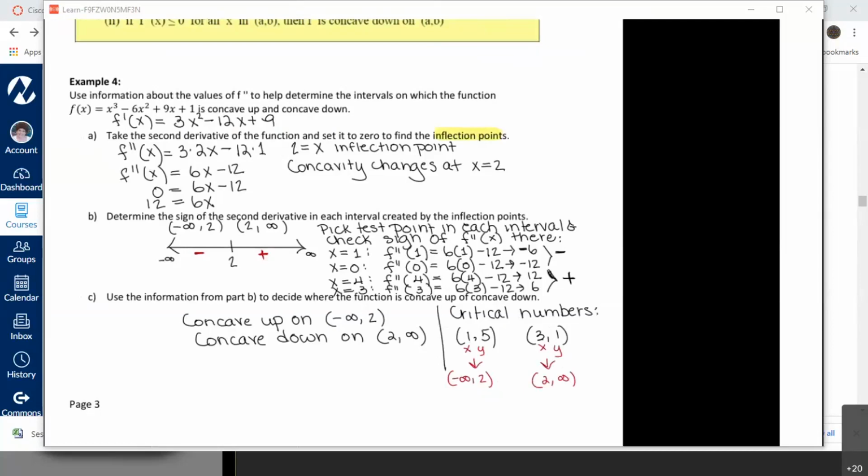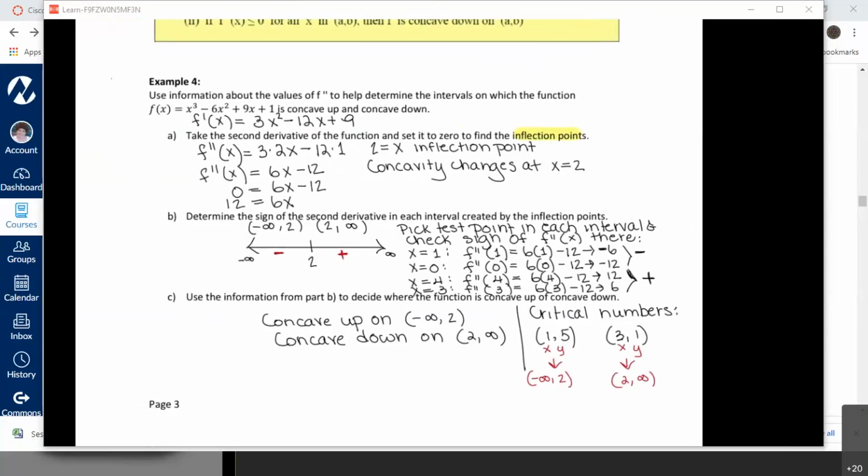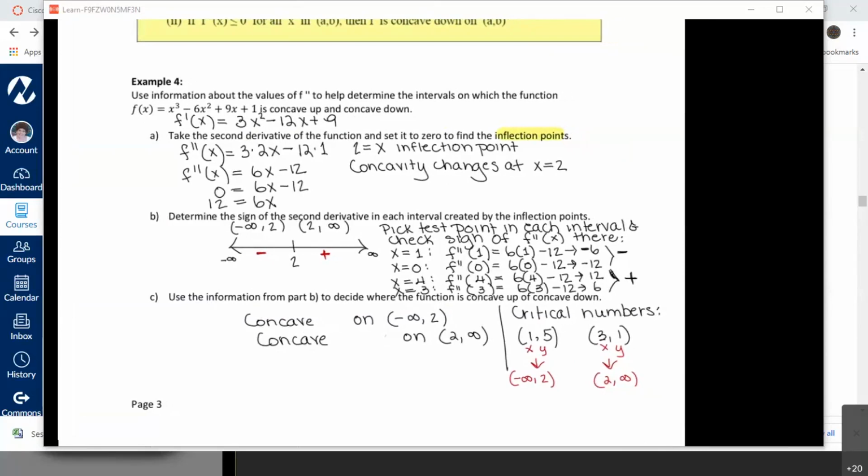So again, what this is saying is if the function is... folks, I got it backwards. Nobody stop me. Negative second derivative means concave down.